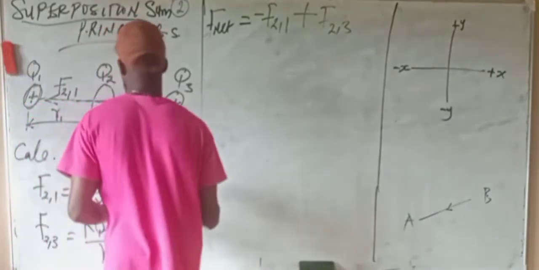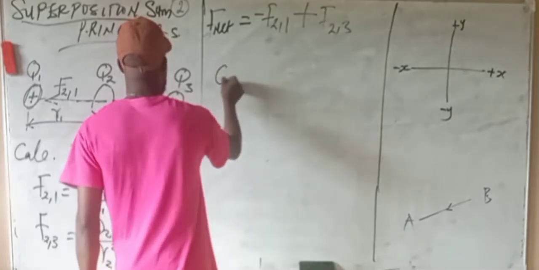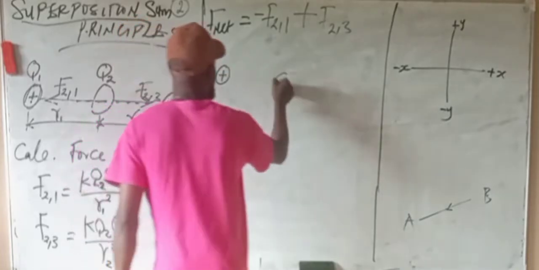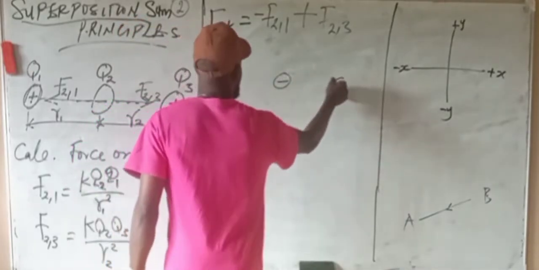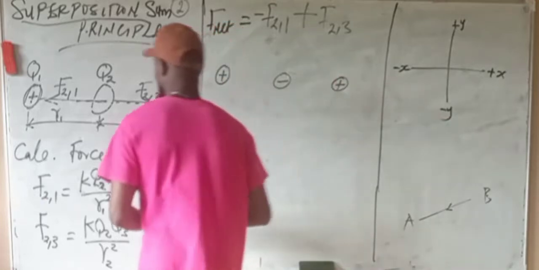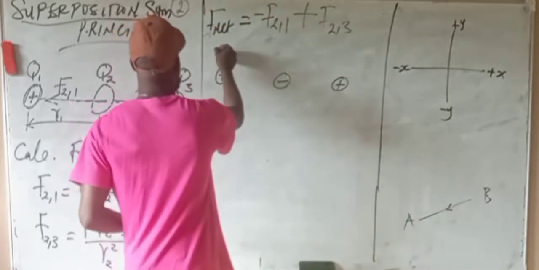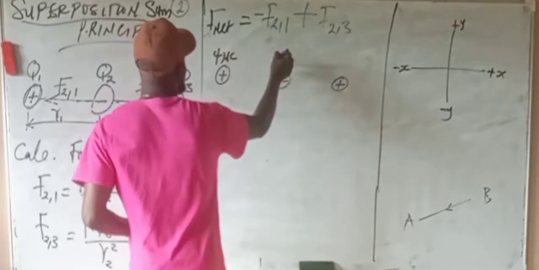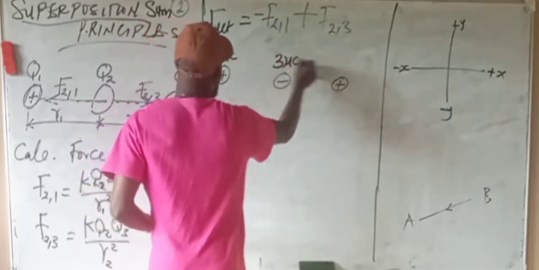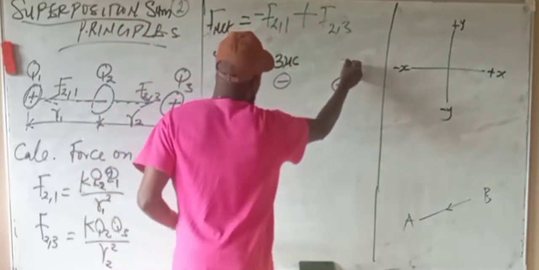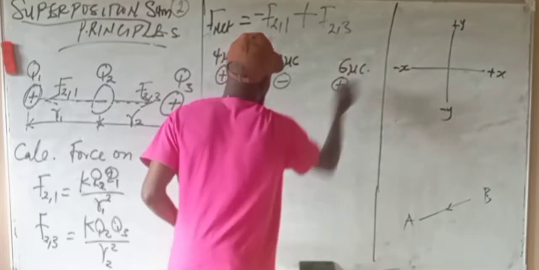So let's start a very typical question now. We have plus, minus, plus. Let's say we have 4 microcoulomb, minus 3 microcoulomb, and 6 microcoulomb.